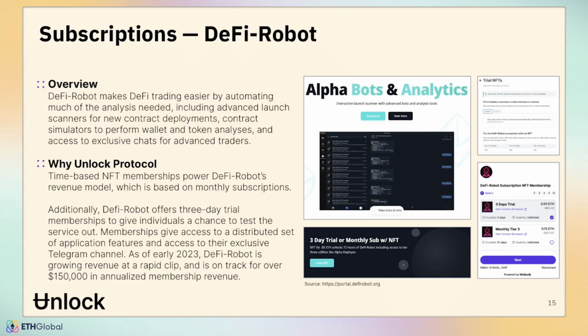But once you have the membership in your wallet, you can access a dedicated Telegram channel, as well as some key features in the application. At this point, DeFi Robot, which is a pretty simple application, is making about $150,000 in annualized membership revenue. So again, if you build these things right, that's a very significant revenue opportunity for any kind of community or software application.